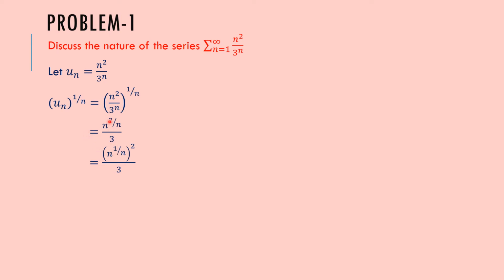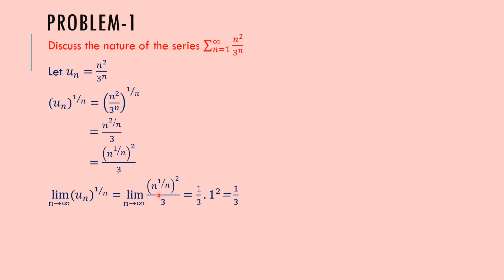So here 1 by n, let me separate, and 2 I have written like this, (n power 1 by n) whole square by 3. Now applying the limit n tends to infinity of un power 1 by n, because this is our way of checking convergence or divergence by root test. So limit n tends to infinity un power 1 by n is equal to limit n tends to infinity (n power 1 by n) whole power 2 by 3.